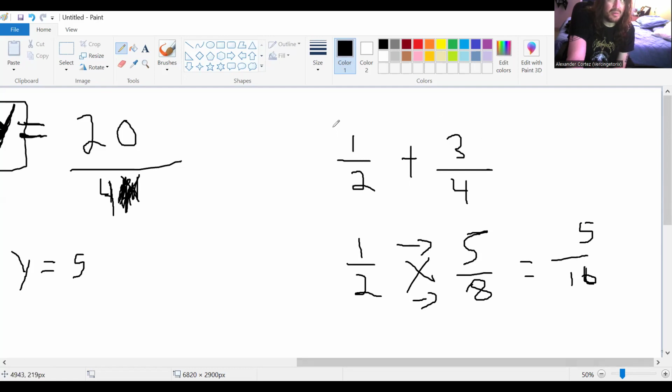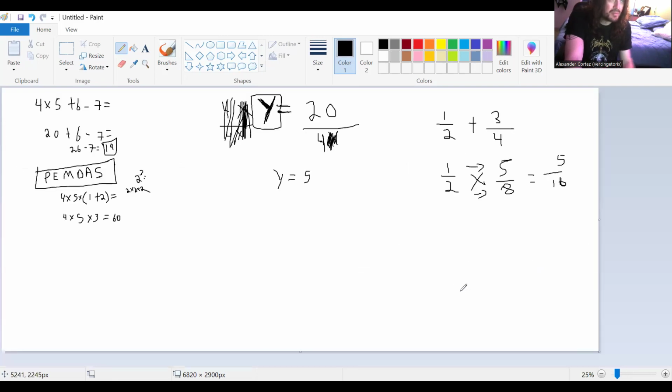Adding is a little bit more complicated. Adding is tricky because when it comes to fractions that have a different denominator, which is the bottom number, it doesn't work that way. You can't just add 1 plus 3 and 2 plus 4. It gets a little bit easier if you have, for example, 1/4 plus 3/4.